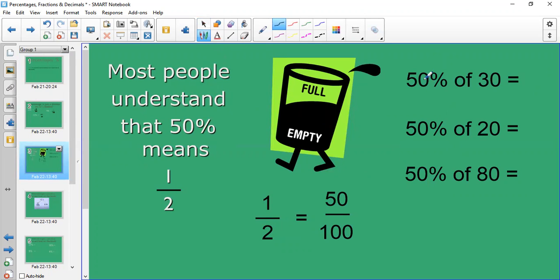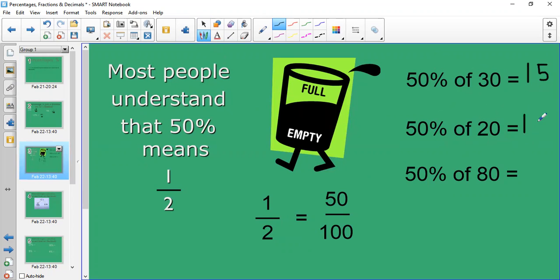If you had questions like 50% of 30, all it's really asking you is what is a half of 30? 30 divided by 2, which would be 15, because we know that 15 add 15 is 30. What is 50% of 20? What is a half of 20? How many 2's go into 20?